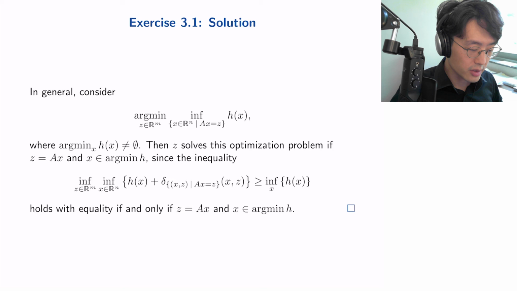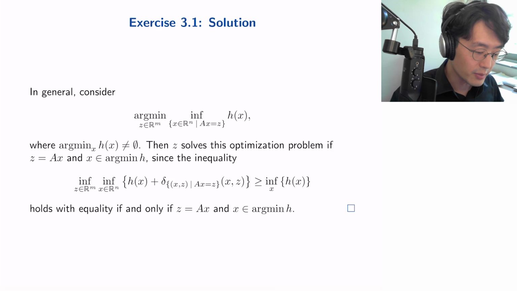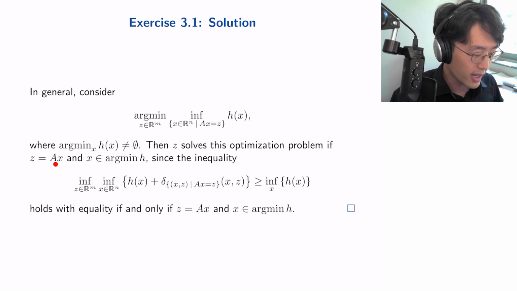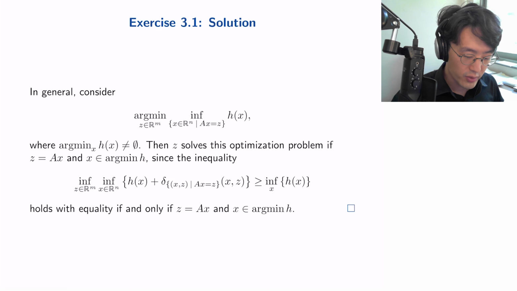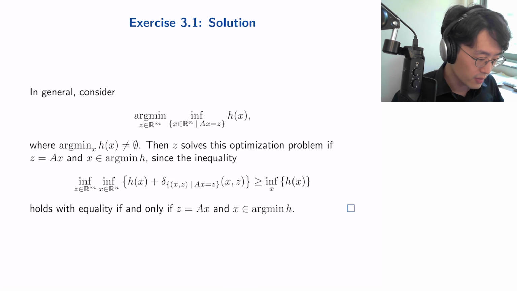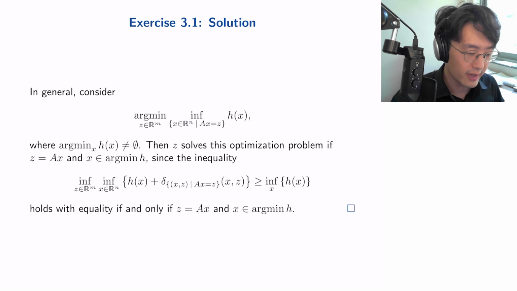In this case, the optimization variable z solves this argmin if z is equal to Ax and x is the argmin of h, because we have this inequality. The infimum over z and x of h plus this indicator function is the minimum objective value you would achieve with an optimal z.